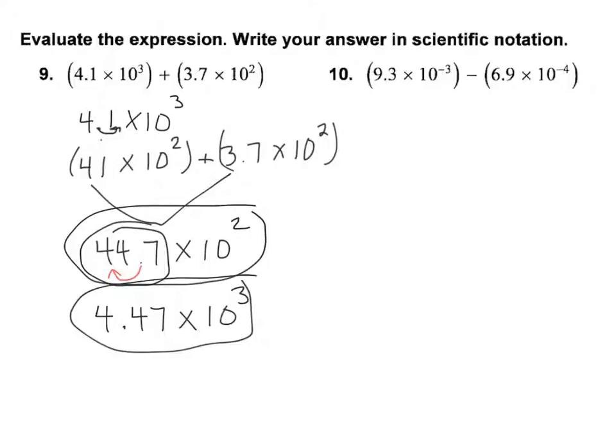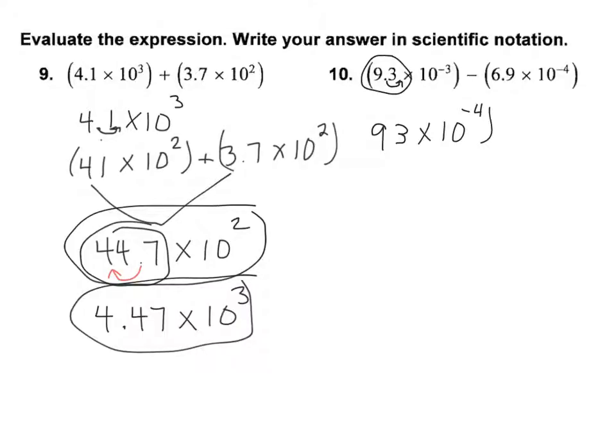So what I want to do is actually move this number back. That would give me 93. That means that I made this number bigger. My exponent would have to get 1 smaller. So this would give me 10 to the -4th, which is a more negative number.